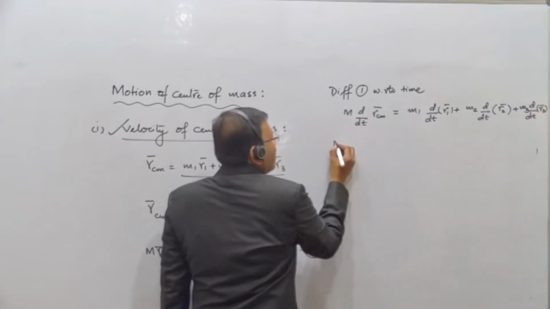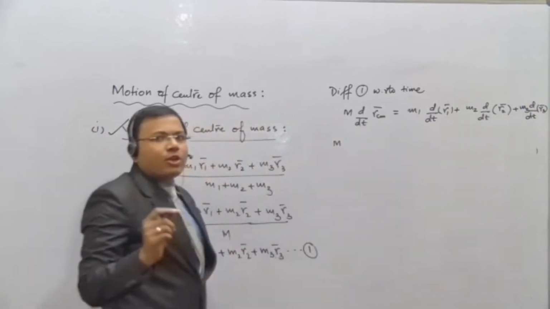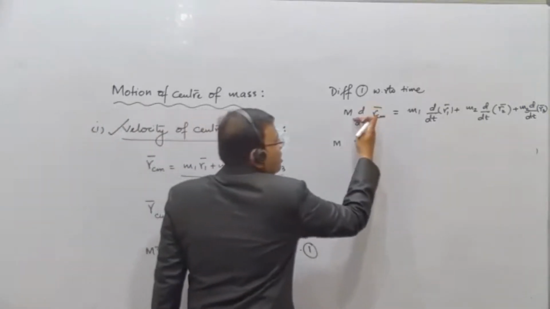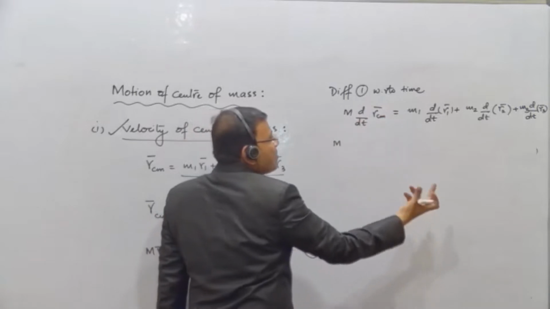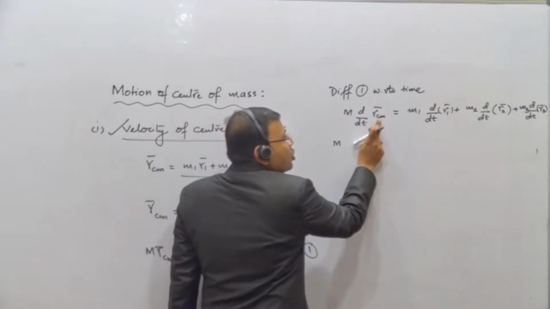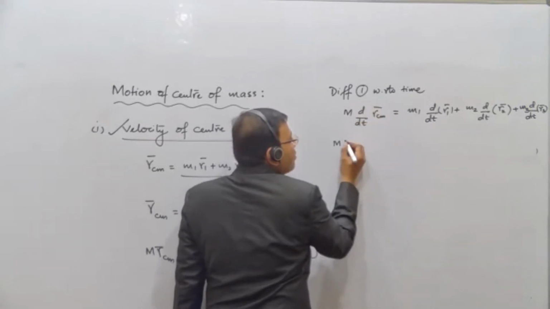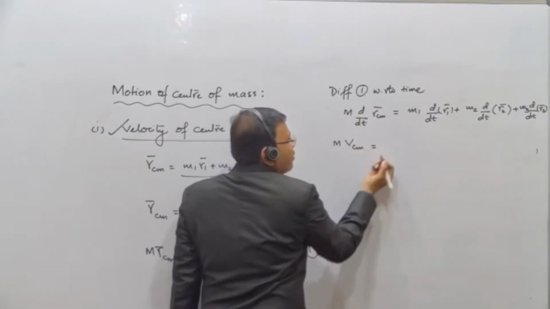Now this M is as it is. The derivative is the rate of change of position, so can I say that is the displacement? This is for the change in the position of the center of mass. So whatever I am getting is the velocity of the center of mass.